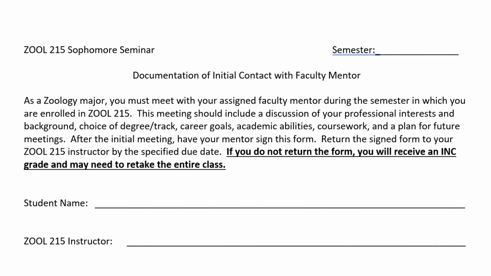Then what you need to do is meet with your assigned faculty mentor and get this form filled out so that you have an opportunity to talk to the mentor and get an idea of who they are, and so you can orient to that. You're going to hand that back into me, and that will be very important for your class.